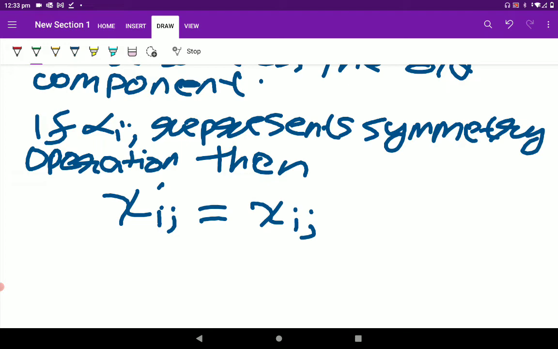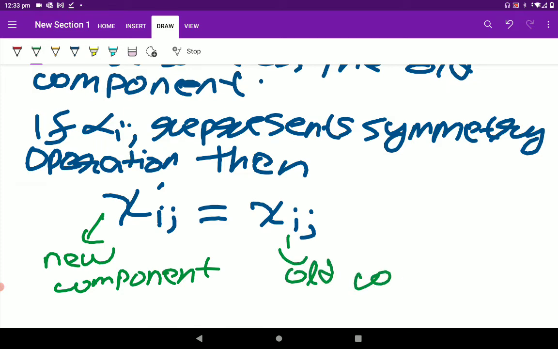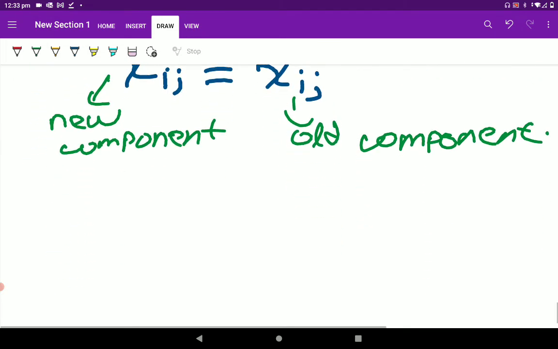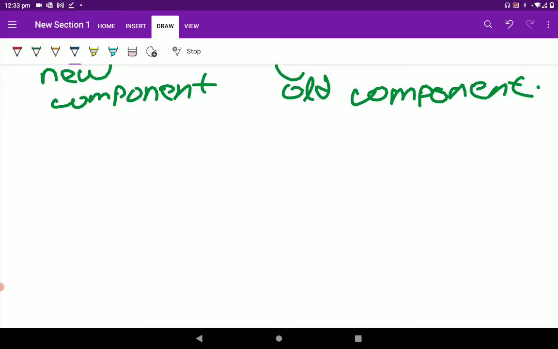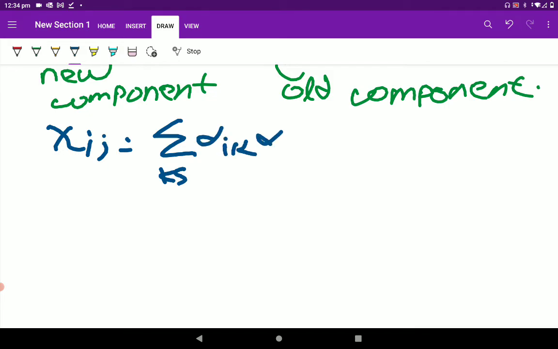This is the new component, which is equal to the old component. By this equation, it means that we have a relationship between the components of the tensor.